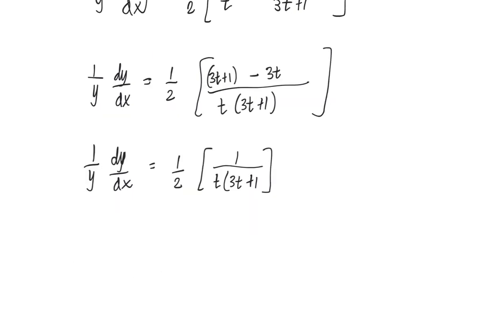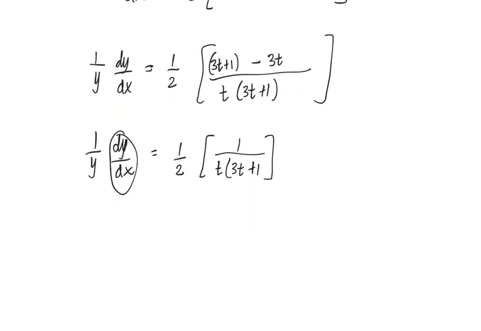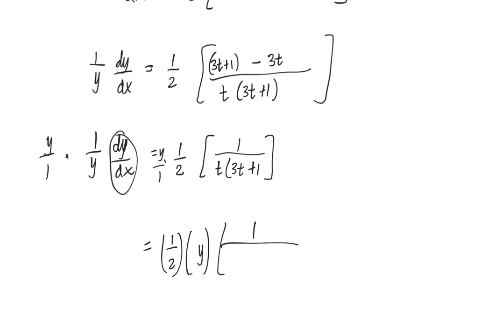dx. So now I want to solve for dy dx, and you would just multiply both sides by y over 1. That could be thought of as y over 2, but I'm about to plug y in, so I'm just going to continue to think about it as 1/2 times y times 1 over t times 3t plus 1.